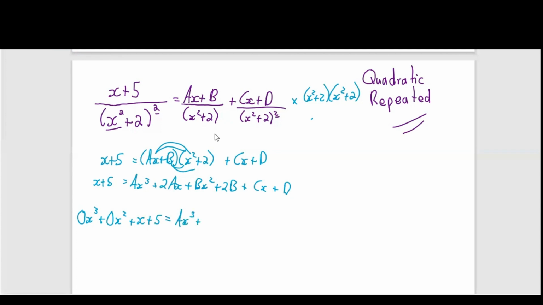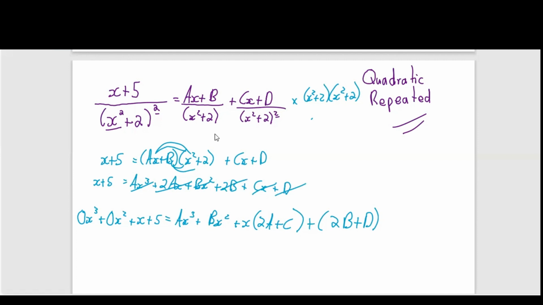Grouping the x squared terms, we have bx squared. Grouping the x terms together, we have 2a plus c, and the rest are constants.